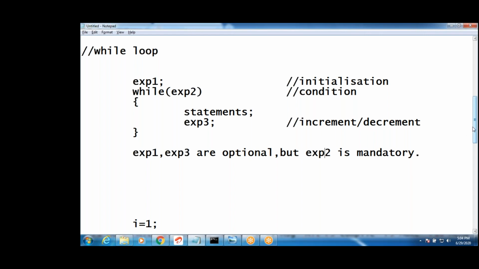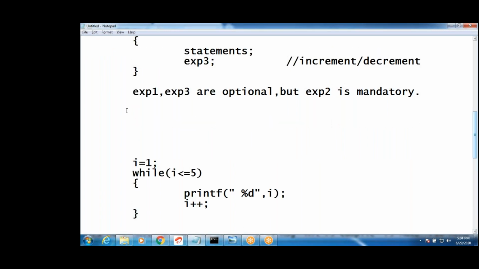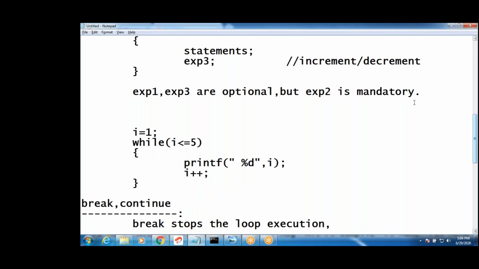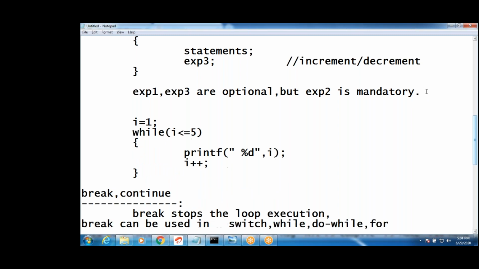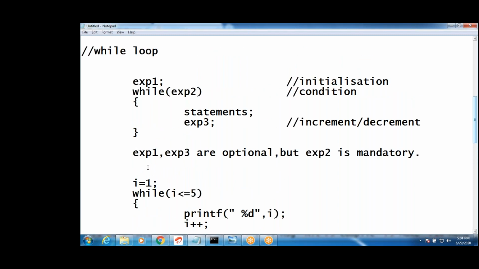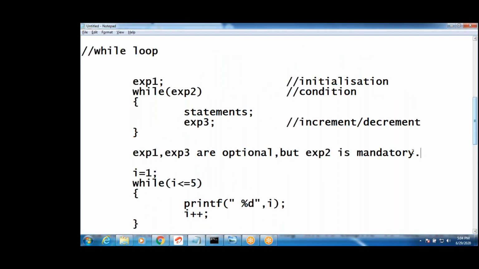One example, guys. See the example. Expression 1, expression 2, and expression 3. We write an example. What will be the output? We check it. See how it executes, guys. Write this example. I equals to 1.